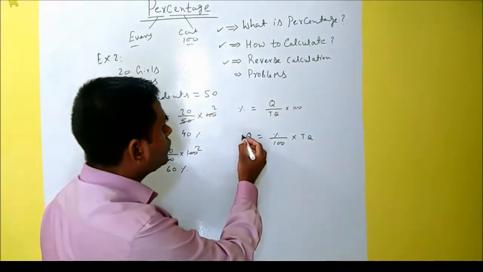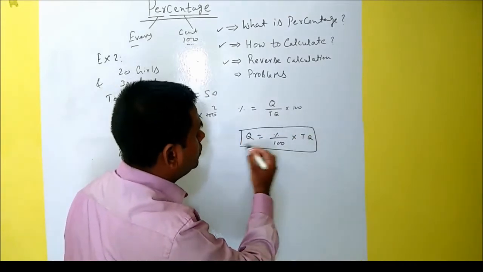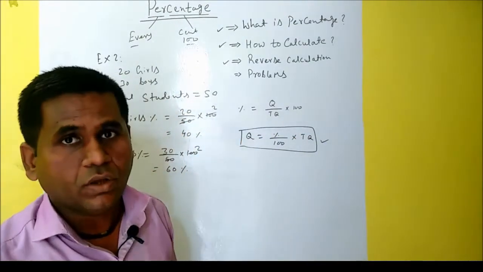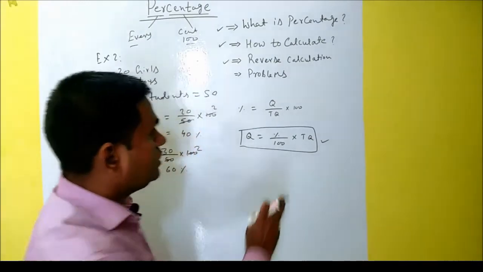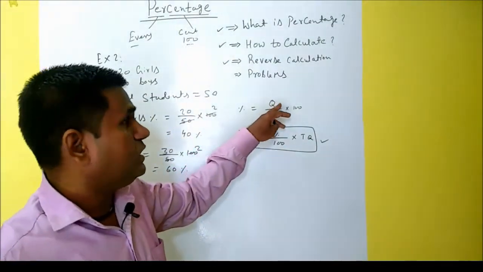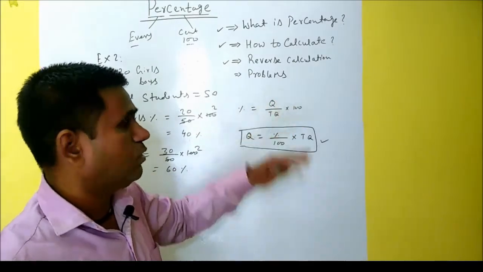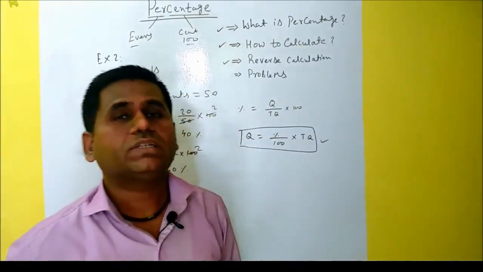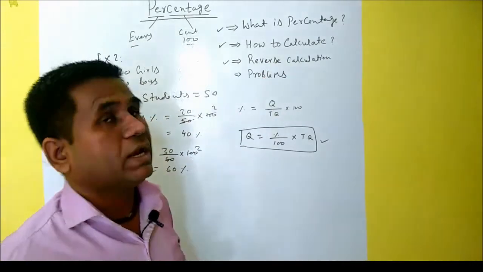So we get this formula for doing the reverse calculation. Otherwise, if you cannot remember this, you can just remember one formula. We can assume the quantity as x and we can perform the calculation. So let's solve a problem for reverse calculation.